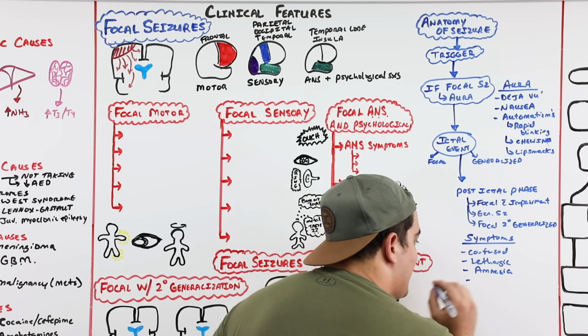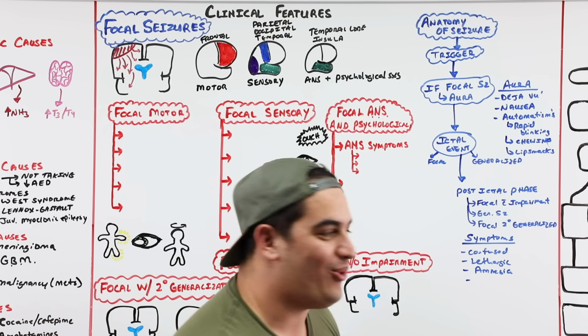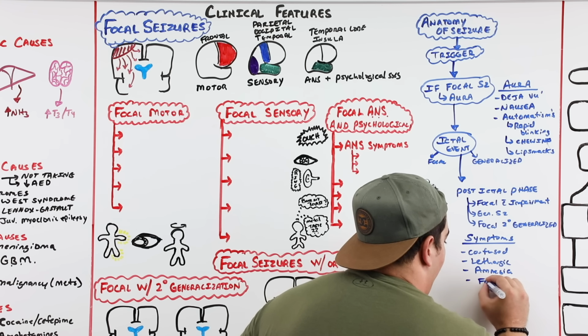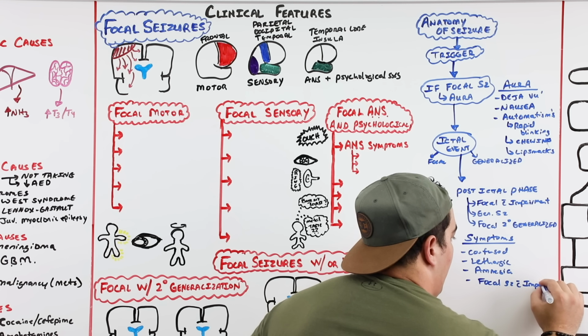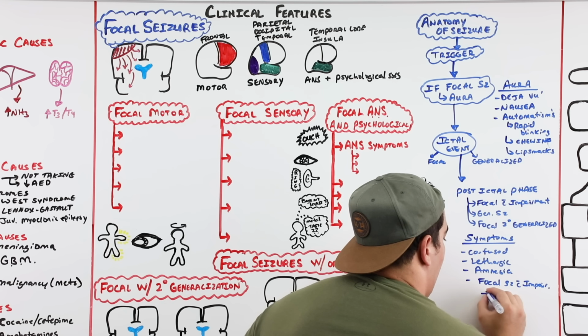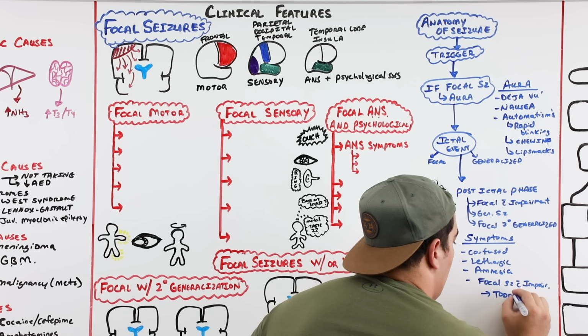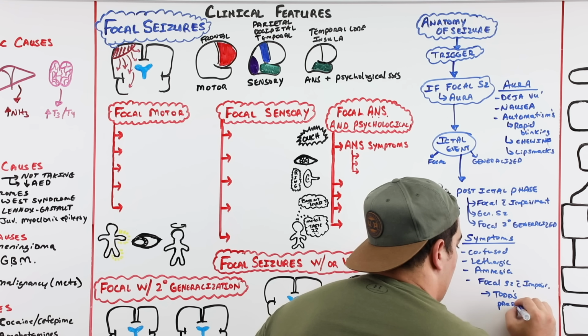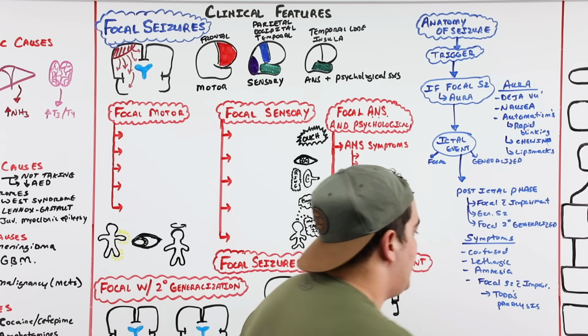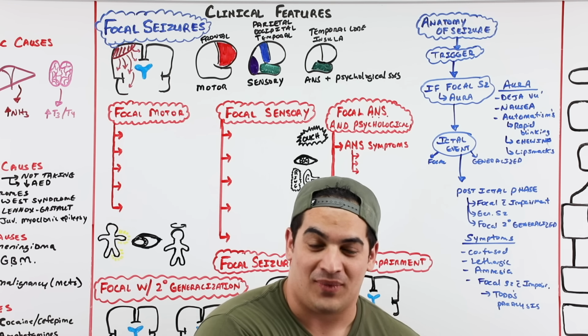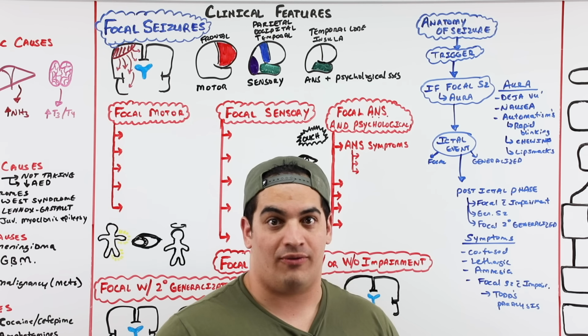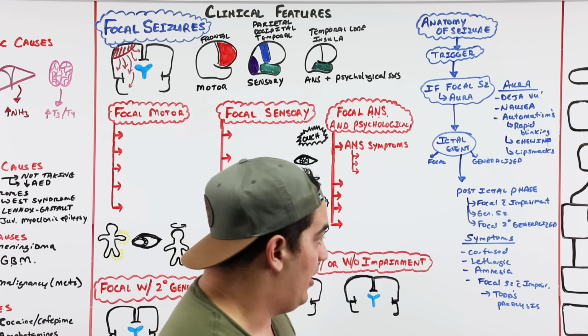And also, here's a common one that they love to ask on the boards: especially in focal seizures with impairment, they can develop what's called Todd's paralysis. That's basically where they have weakness on one side of the body, and it's usually common after a focal seizure with impairment.